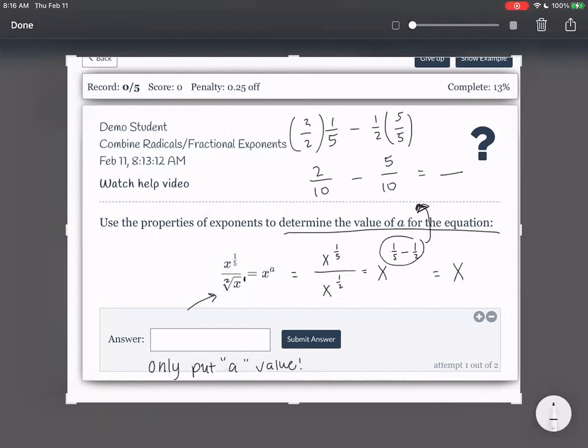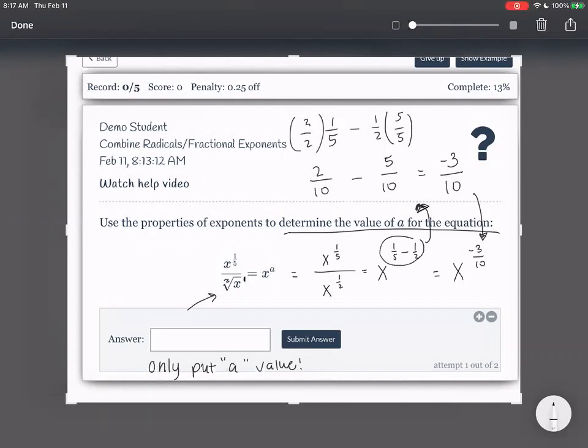Now that they have the same denominator, we keep that denominator at 10, and across the top, we subtract 2 minus 5, which gives us -3. So we're going to put that right over here, -3 over 10. So x to the power of 1/5 minus 1/2 is the same thing as x to the power of -3/10.